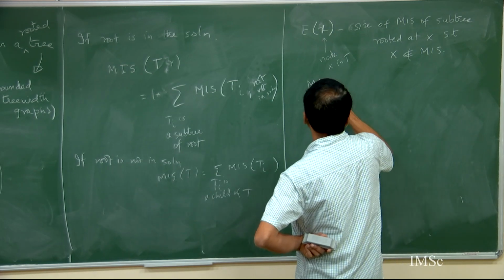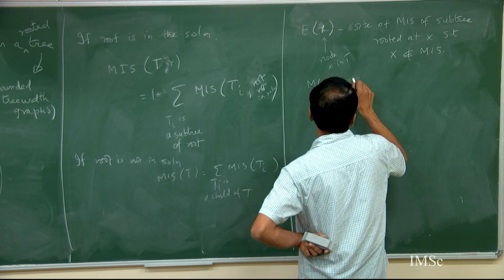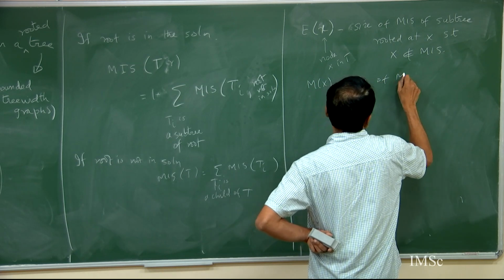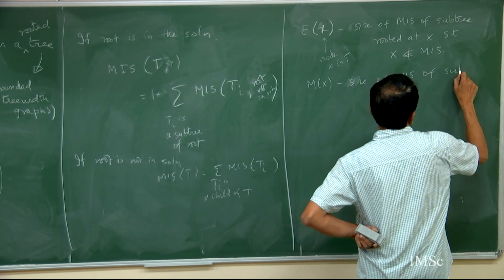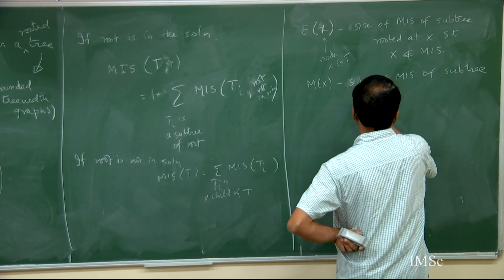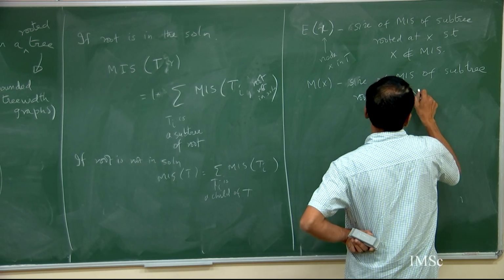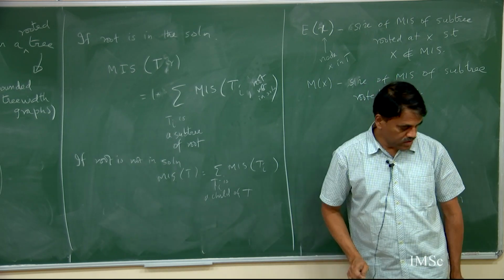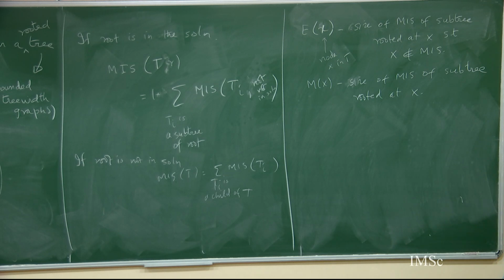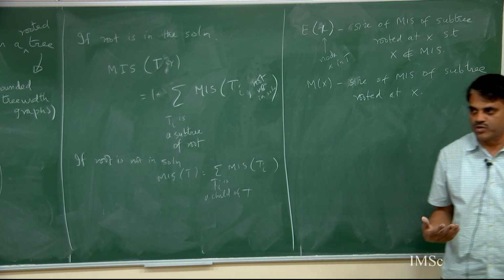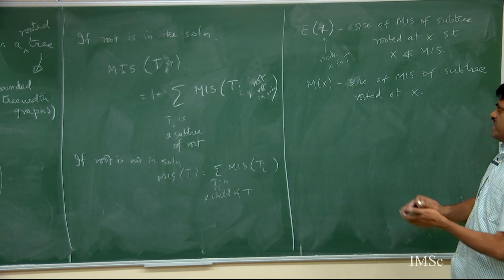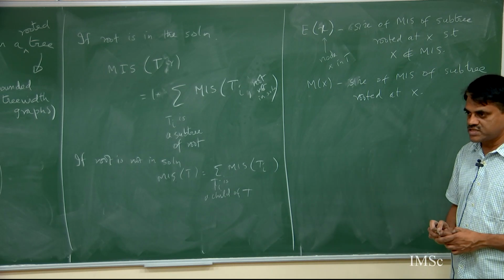And let us call M of x the size of the MIS with no condition. These are the two quantities. Now, we need to compute both these quantities at the root. In fact, we need to compute both these quantities at every node. We will write a recursive formulation and then we are all set, right.